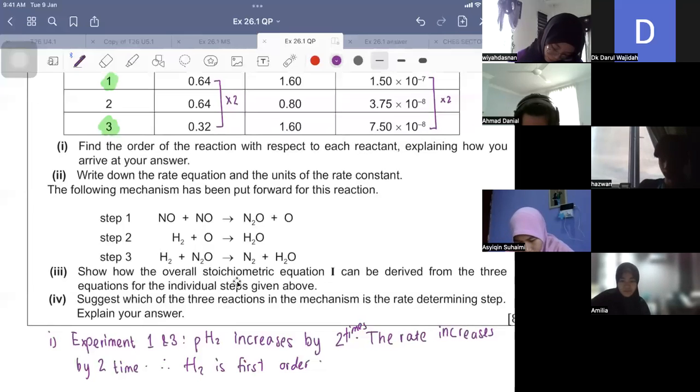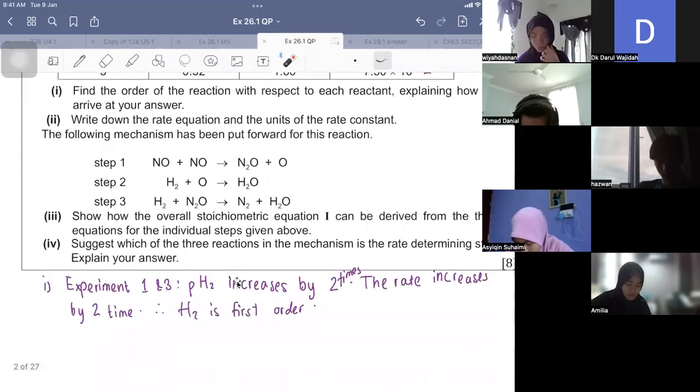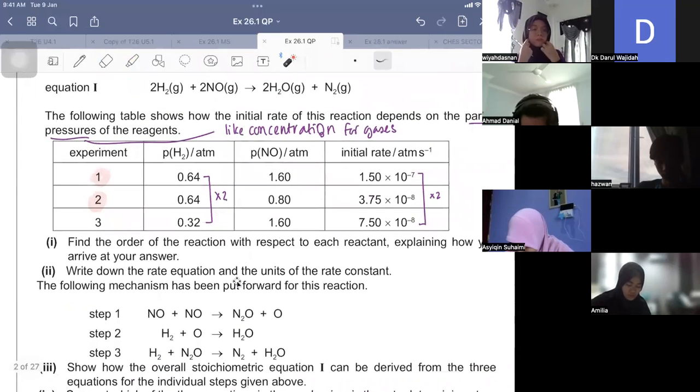Okay, so that's hydrogen. I now want to look at nitrogen monoxide. So for nitrogen monoxide, I will take experiment 1 and 2, because in experiment 1 and 2, the partial pressure of hydrogen is constant, only NO is changing. Let's see, I'm using red now.